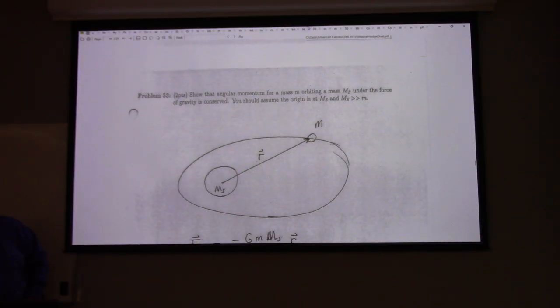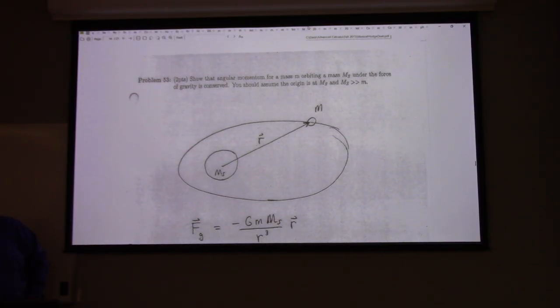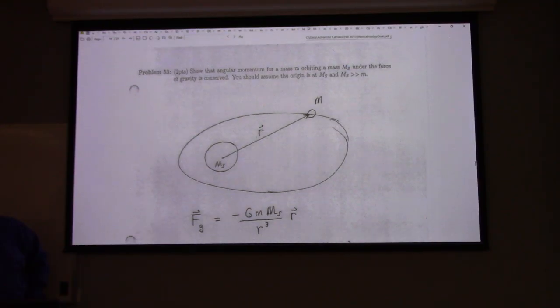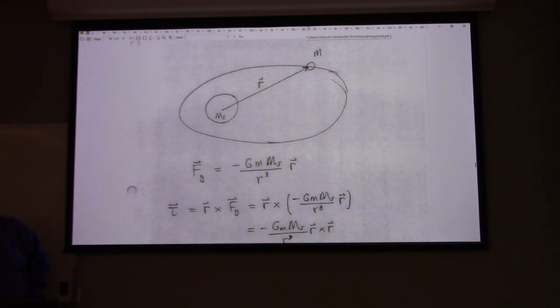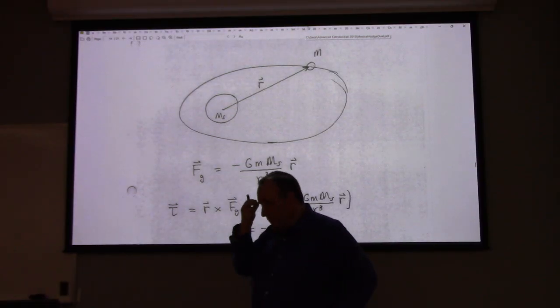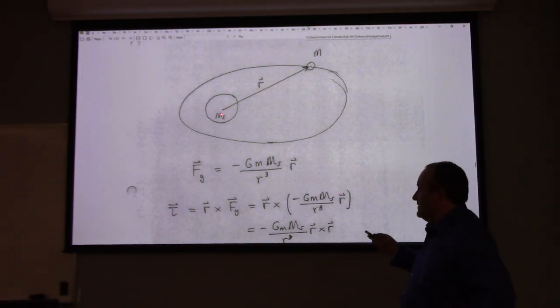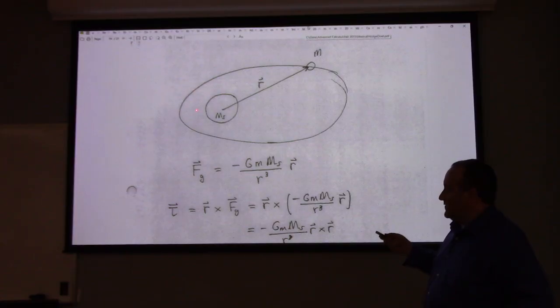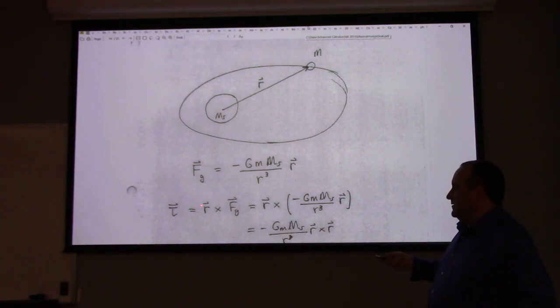This one here, you have to show the angular momentum for a mass orbiting a mass m sub s under the force of gravity is conserved. So the basic idea here is that the orbit is due to Newton's universal law of gravitation, right? And so if we put the origin at the center of mass of ms, then the force of gravity is just this, right? G m m_s r vector divided by r cubed. But the torque, what is torque? Well, torque is r cross the force of gravity. What is that?